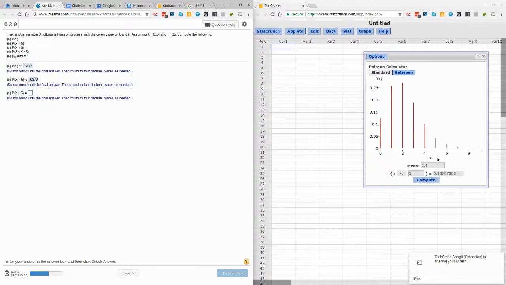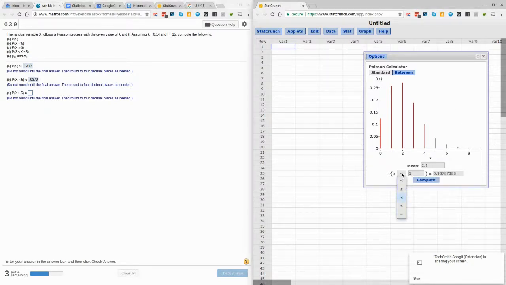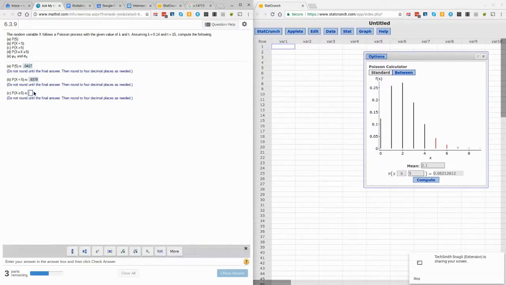Okay, and then greater than or equal to 5. That's actually just going to be the complement, 1 minus this, but I'll do it on the calculator to show you. Greater than or equal to 5 is going to be 0.0621.